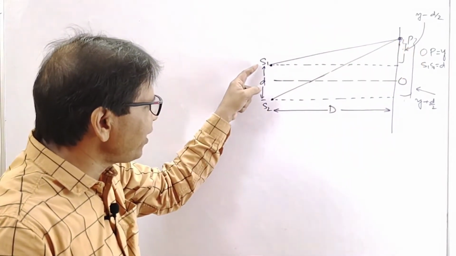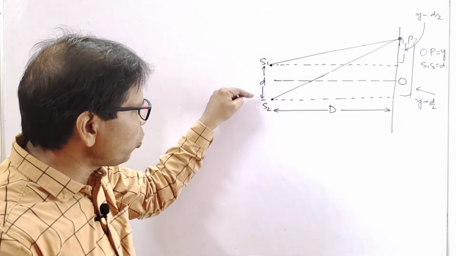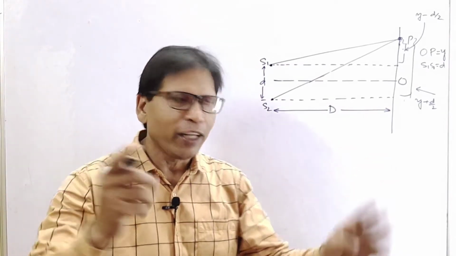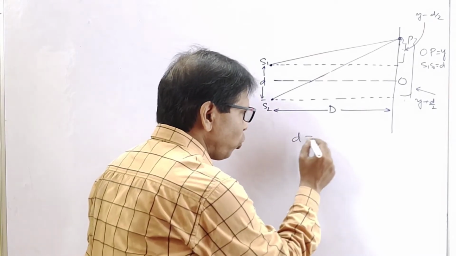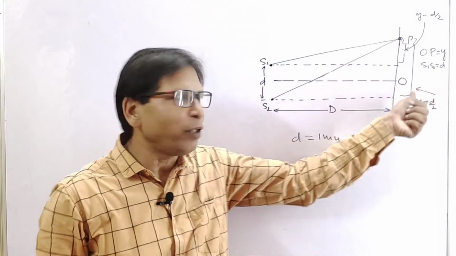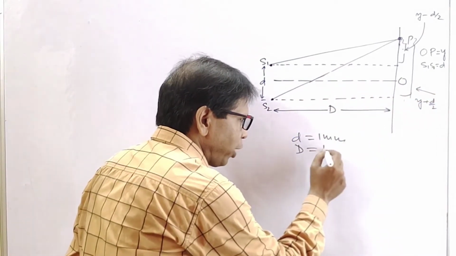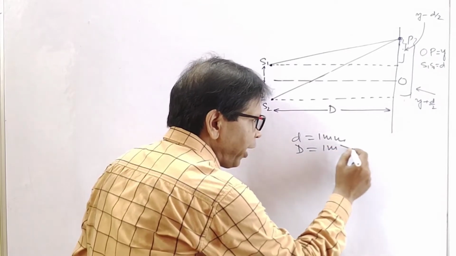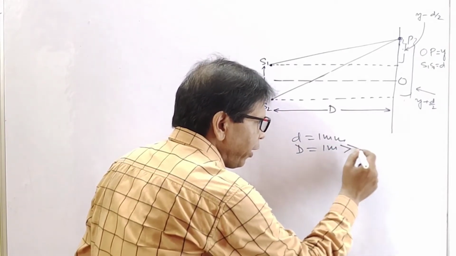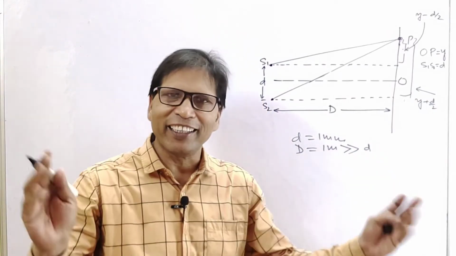Now we have to calculate the path difference at the point P of the two waves coming from the slits S1 and S2. The distance between the two sources is small d, almost equal to 1 millimeter, and the distance of the screen from the sources is capital D, almost equal to 1 meter. So here capital D is much greater than small d.